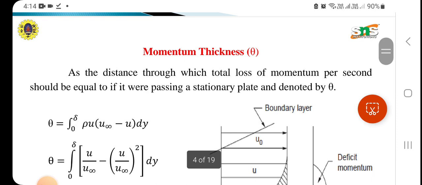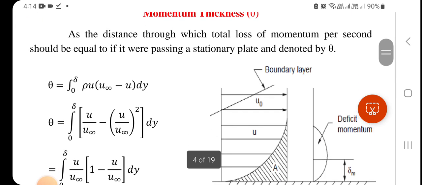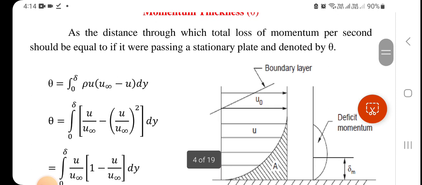Momentum thickness. If you take an example of our open channel, when a stone is present in the flowing area, then the velocity of the fluid will be reduced.